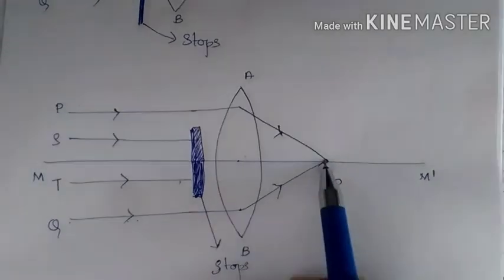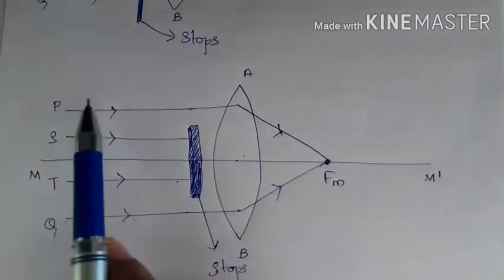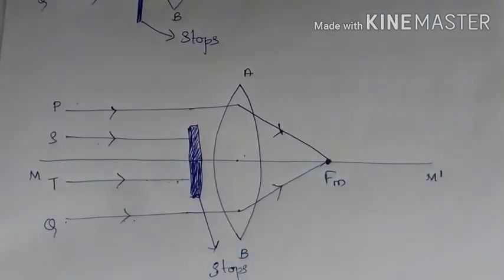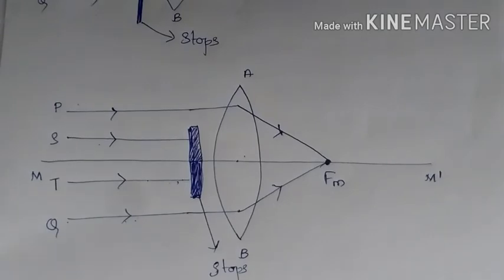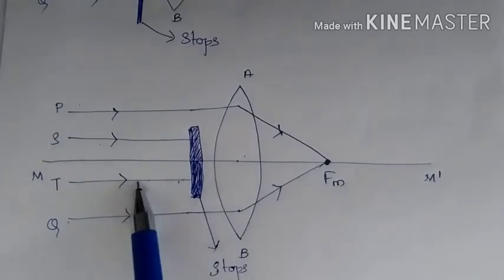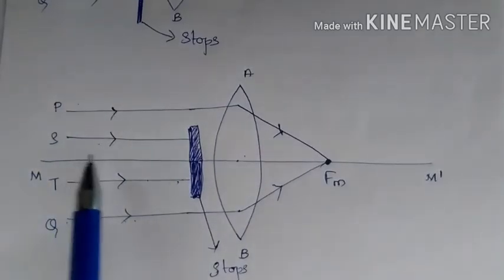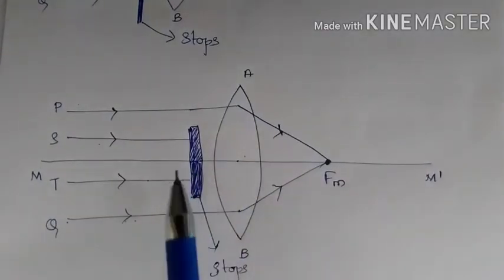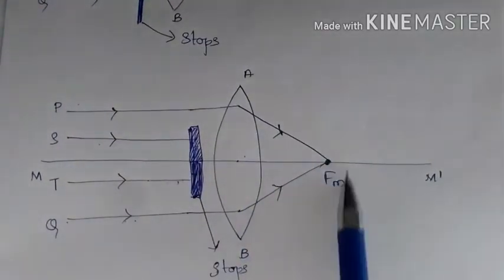Again here the image will be formed due to the light rays P and Q, and this image will be less bright compared to the actual or ideal image, because we are again eliminating 2 rays which would pass through the lens. If you eliminate the rays, then the brightness will decrease.